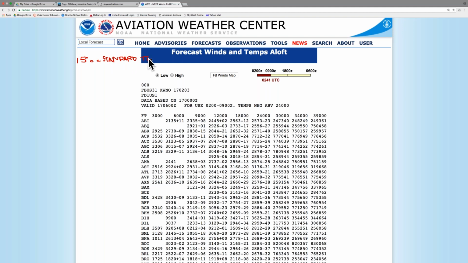It's standard temperature at sea level. Sorry, my notes are partially covered, and where it's covered is the "at" part, so I automatically said atmosphere. You're good. So 15 degrees Celsius is our standard temperature at sea level.